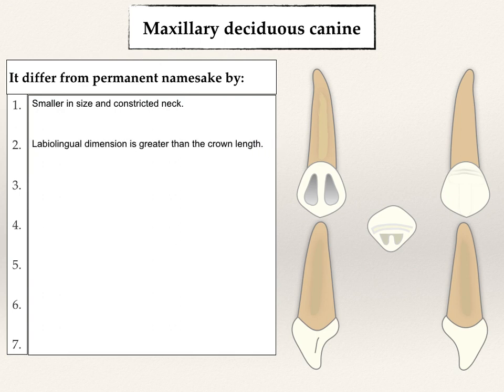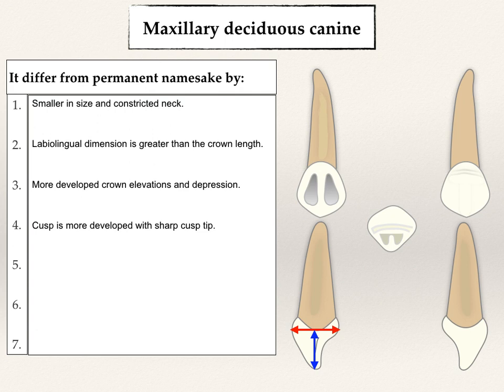The labiolingual dimension is greater than the crown length. Crown length is the blue arrow and the labiolingual dimension is the red arrow. The crown elevations and depressions are more developed.